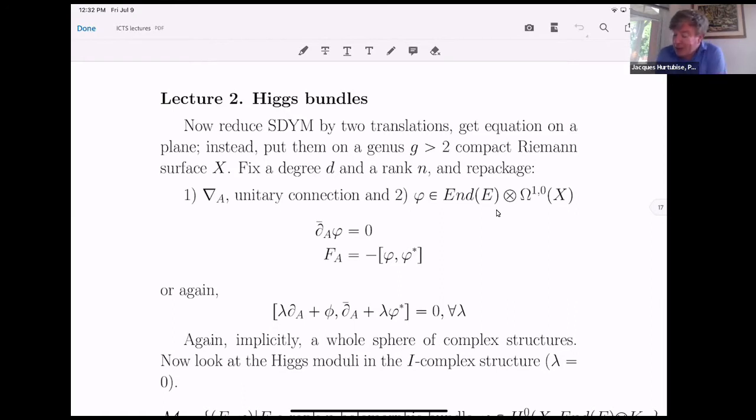Today, it's going to be the main story. This is where they all occur in some sense.